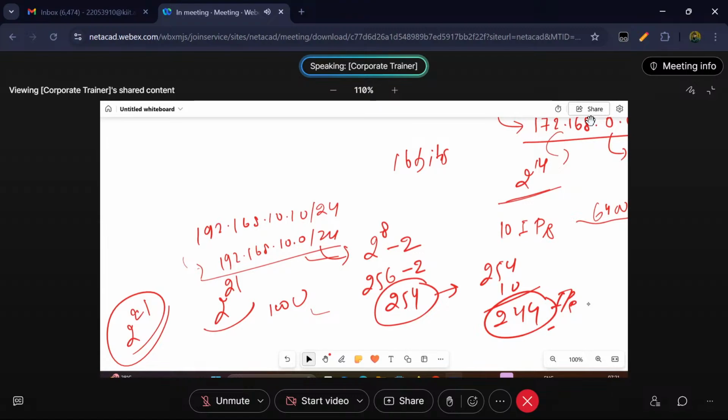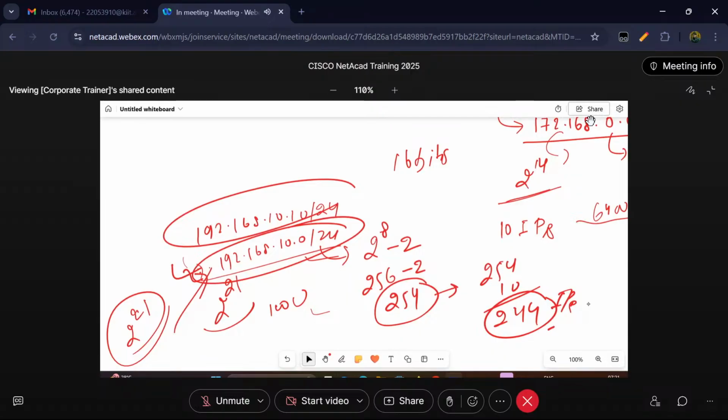There will be a single network, let this be my one network, right? From this network only, I'll create some logical subnetworks, subnetted networks, and that concept is basically subnetting. Those subnetted networks will behave like different networks, right?